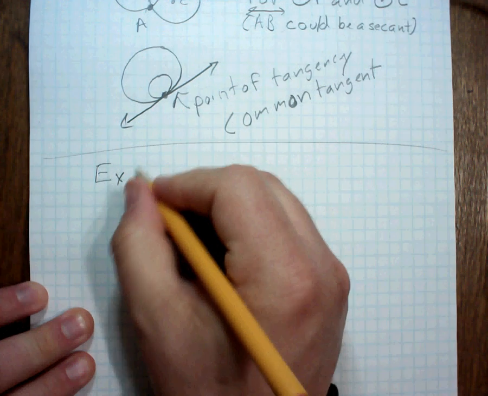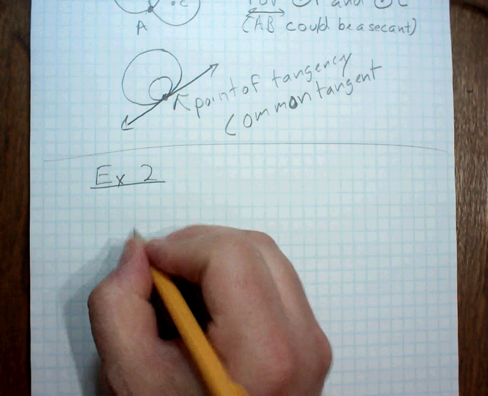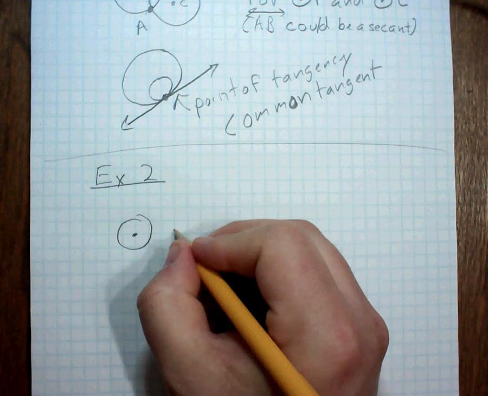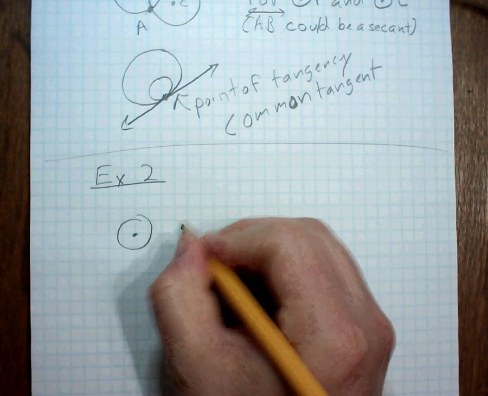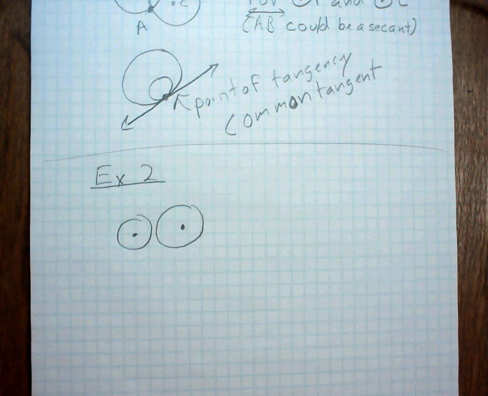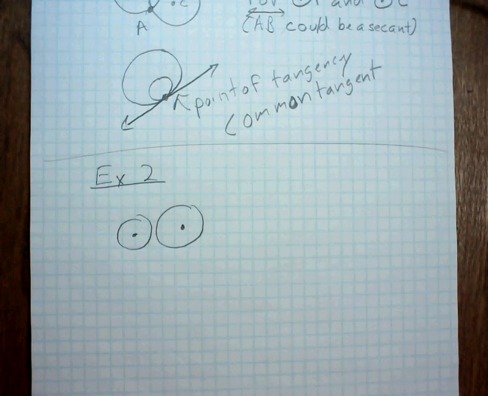So now in example number 2, we have a circle like this. Then we have another circle like this, and it says tell how many common tangents of the circles you can have, and then draw them.